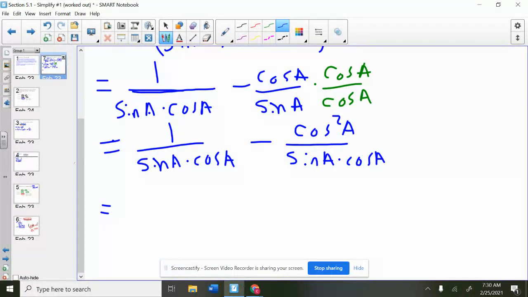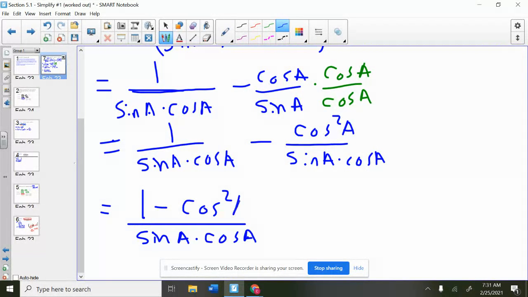When you have a common denominator, we're able to write that one time, and then I add or subtract the numerators depending on what it says. Well, my numerators say 1 minus cosine squared. So now I have to simplify this further because that doesn't seem very simplified.